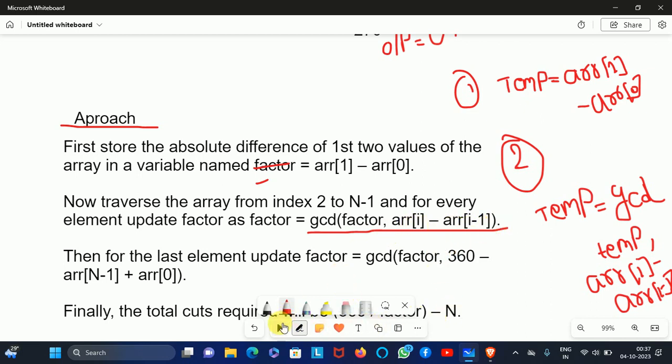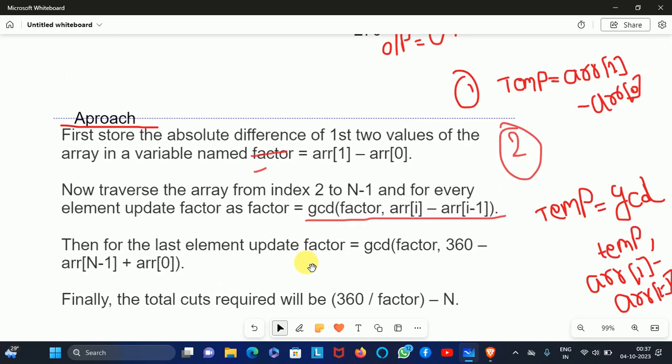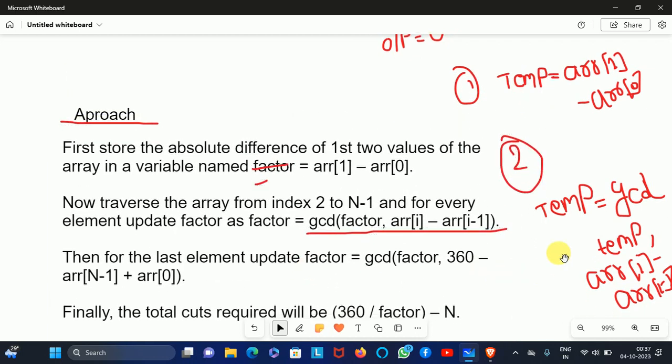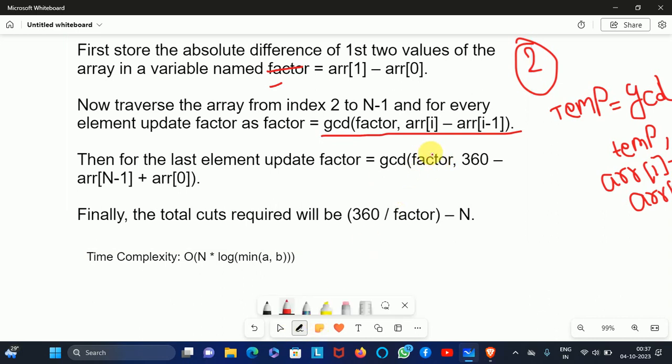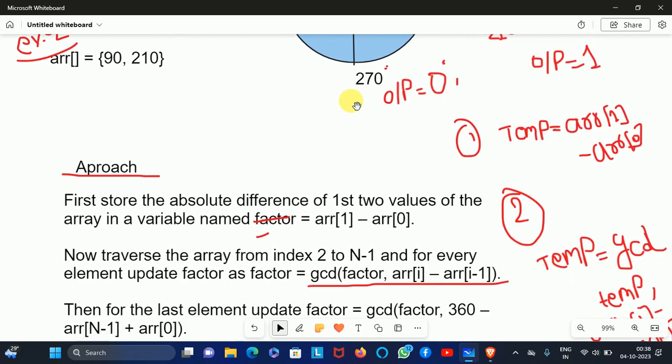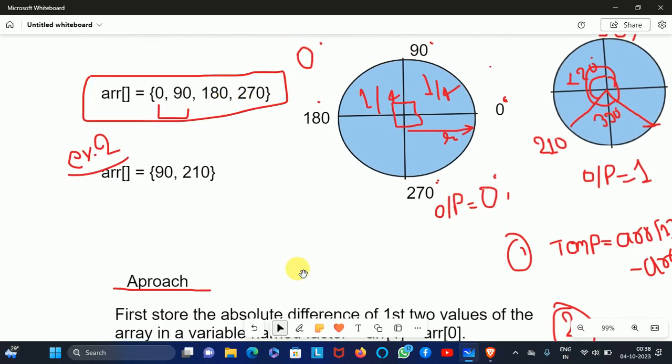Now for the last element, update the factor as GCD of factor comma 360 minus array of n minus 1 plus array of 0. This is the last element that is left.